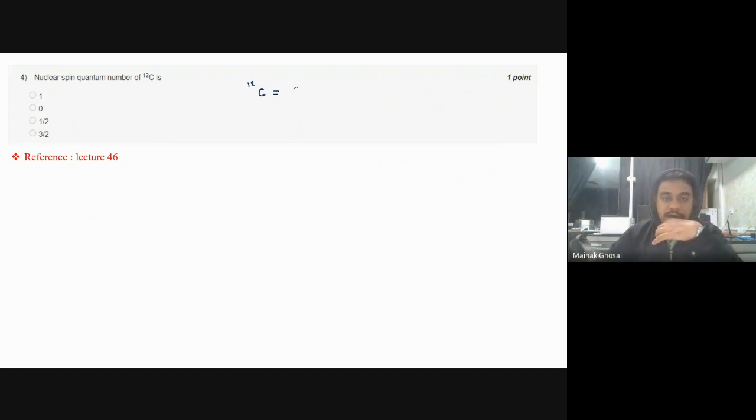So for 12C, how many protons will be there? Protons will be 6. How many electrons? Electrons will be 6. How many neutrons will be there? Neutrons will be 6 also.